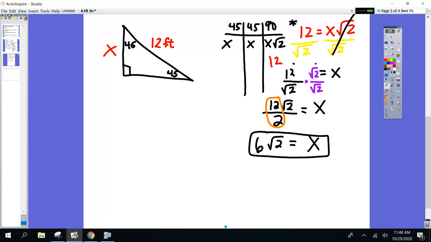It should be a combination of Pythagorean Theorem questions with the 30, 60, 90, and the 45, 45, 90 triangle.